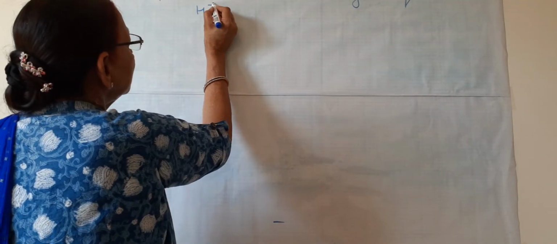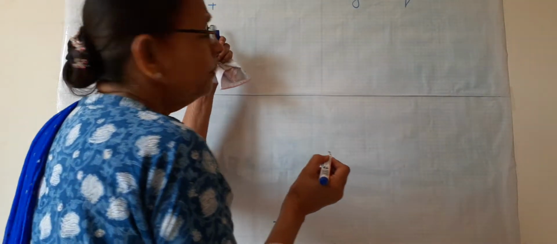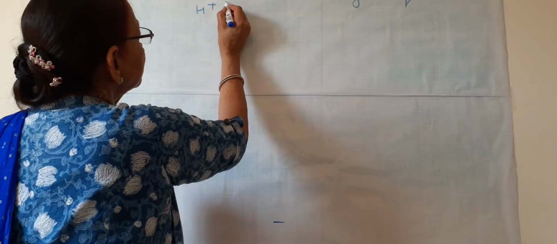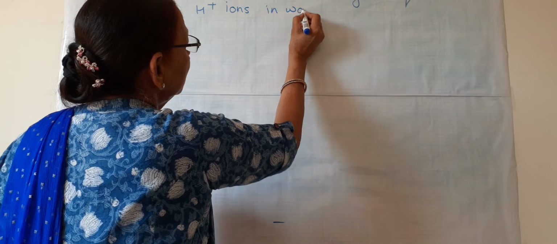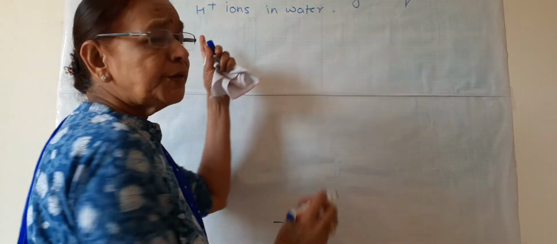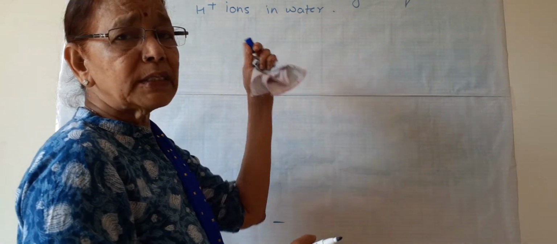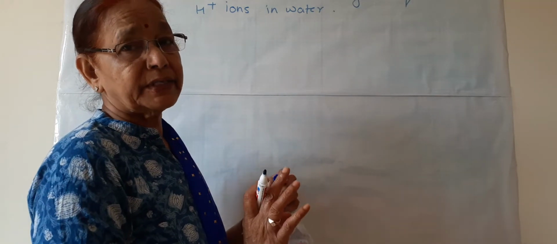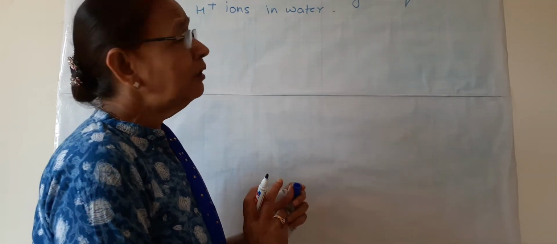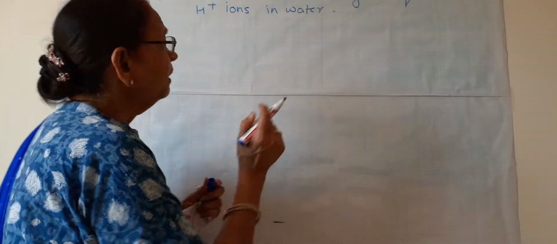Why? Because they are dissociated and form H plus ions in water, and these H plus ions, or H aqueous, are responsible for conduction of electricity. This we will prove by a simple experiment.